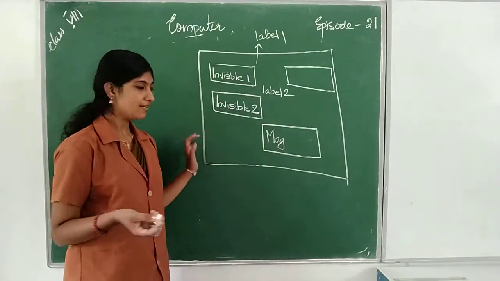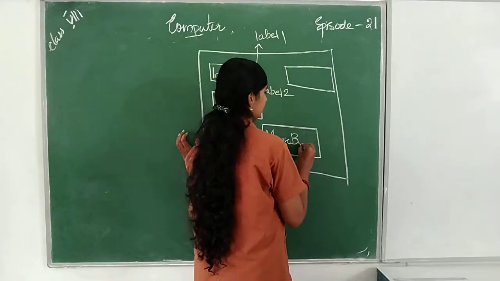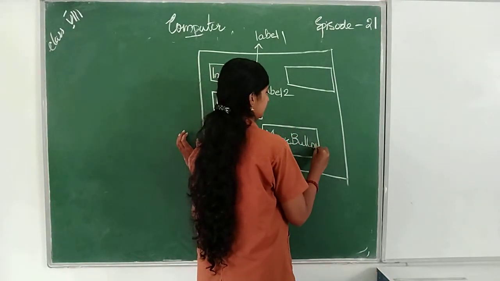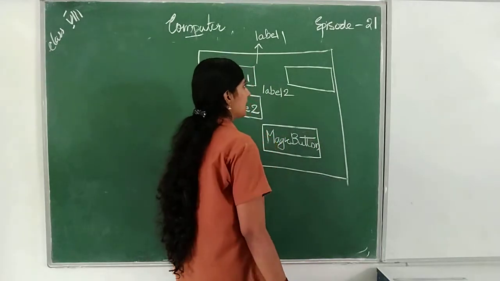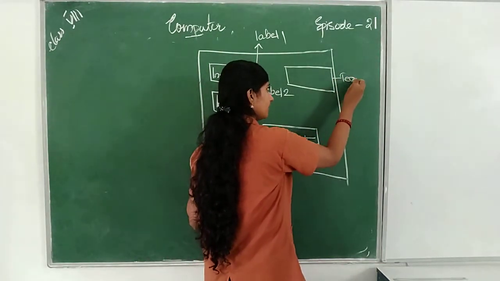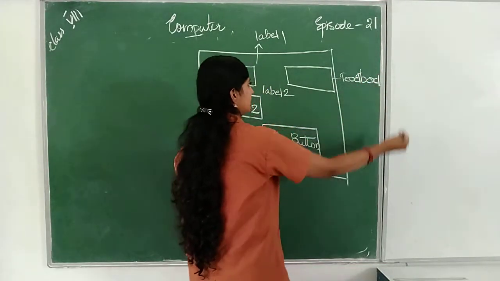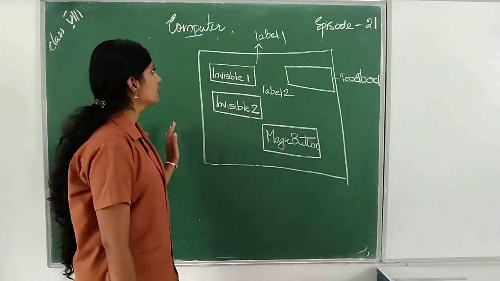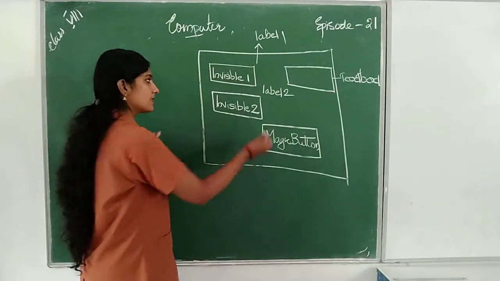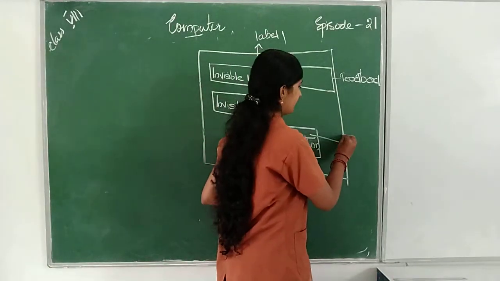You can write any name for this button, but now we write magic button. So this is Label 1, this is Label 2, this is a text box, and then this is the button.